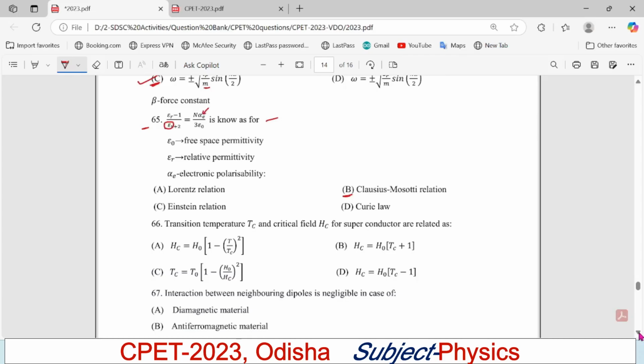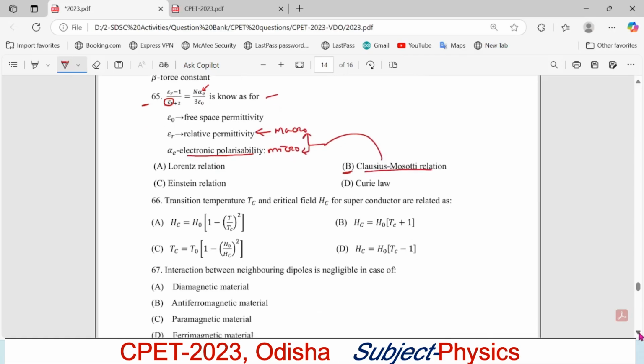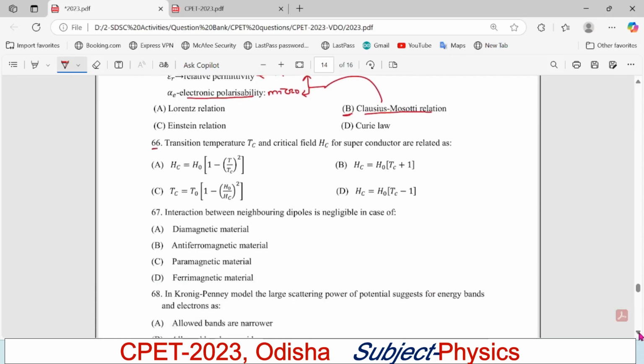Alpha e is the electronic polarizability. So electronic polarizability is the microscopic property, and the relative permittivity or dielectric constant is the macro property. So this Clausius-Mossotti relation gives the relation between the macro and micro properties of a dielectric material.